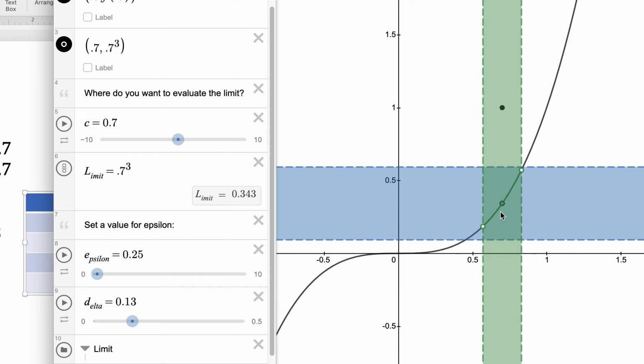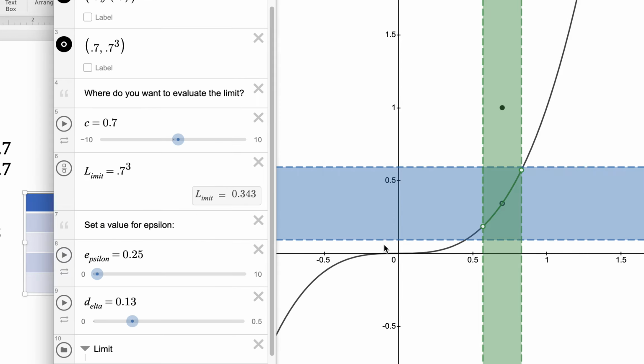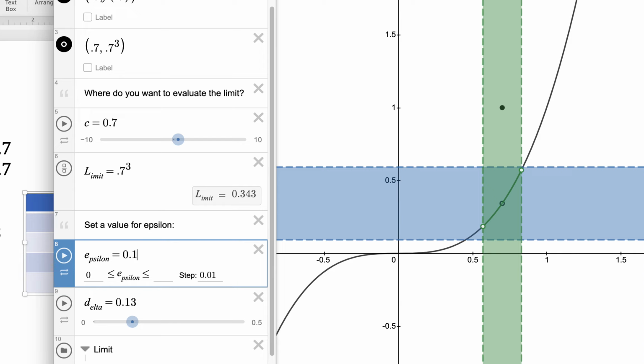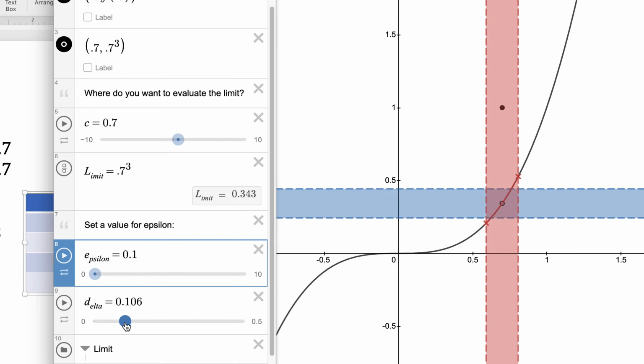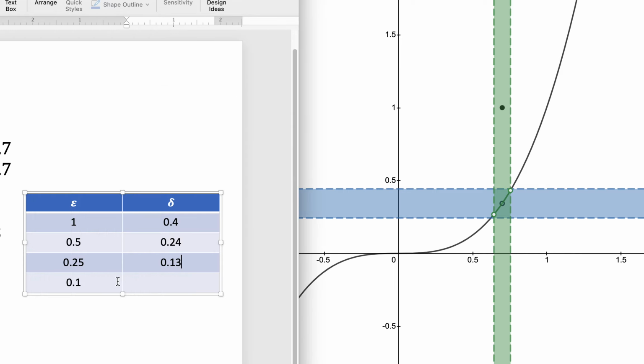I just care about getting close to 7/10. So this delta of 0.13 works. And let's try an epsilon of 1/10 and a delta of, there we go, 0.056 works. So whenever the distance between 7/10 and x is less than 0.056, the difference between the y values in there and 0.343 is less than 1/10.